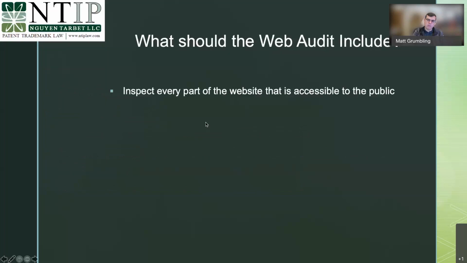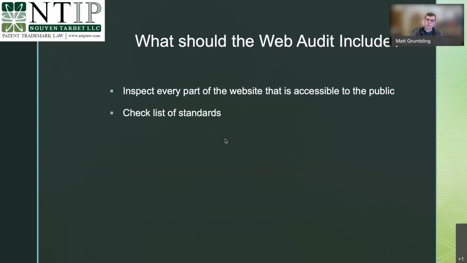So what should the audit do? Well, again, it should inspect every part of the website that is accessible to the public. They don't have to look at your back end. They just need to look at the forward-facing part of your website. They should have a checklist of the standards, and you should be able to look at what they went through. What particularly did they do for each of the standards?